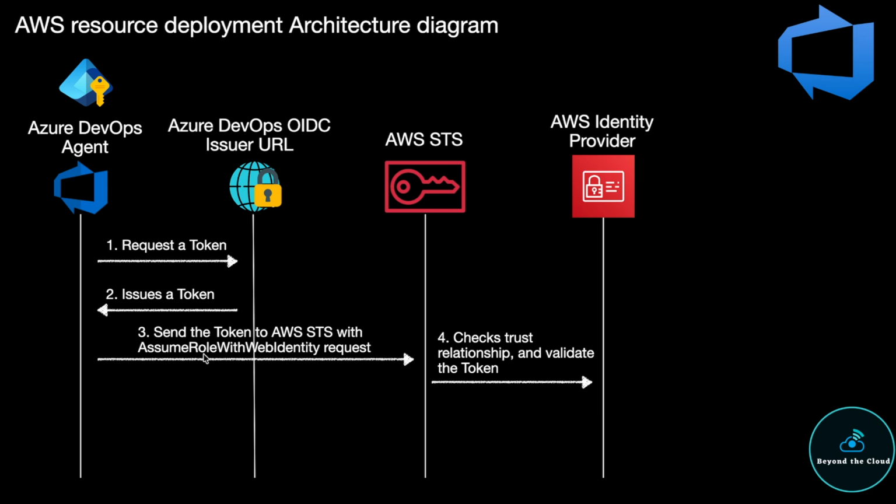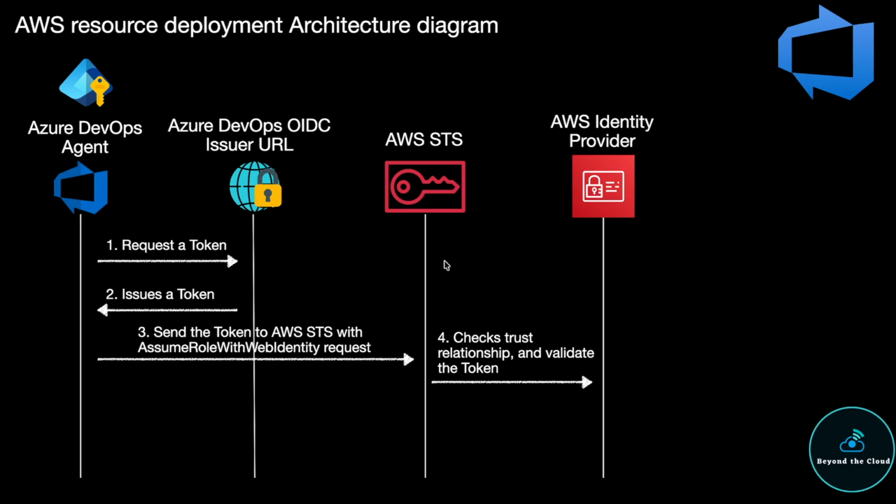If you remember the trust relationship, it was with AssumeRoleWithWebIdentity. So this is where the term comes in. Whenever AWS STS goes to the AWS identity provider, it says there is an identity provider trusted by the Azure DevOps organization that we have set up. Then it checks that we have a trustee asking for a token to deploy AWS resources.